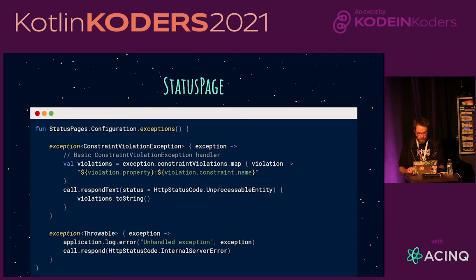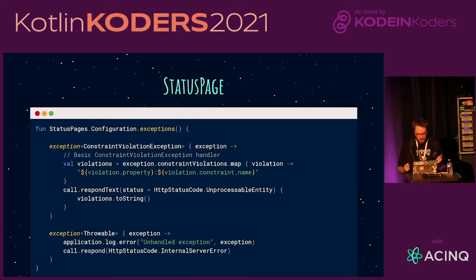So I'm going to define, okay, I want to handle the constraint violation exception. So I'm going to define the exception. Okay, I'm going to catch it and say, okay, which property is in violation? So okay, this one, and I'm going to respond.